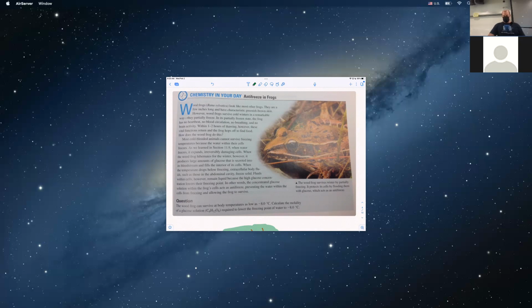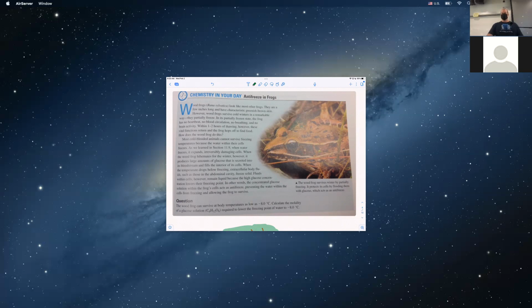And with frogs in certain areas that get frozen, right before the frog is about to freeze, it'll release a bunch of adrenaline, and then a bunch of glucose goes into its bloodstream, and this large amount of glucose acts as an antifreeze.